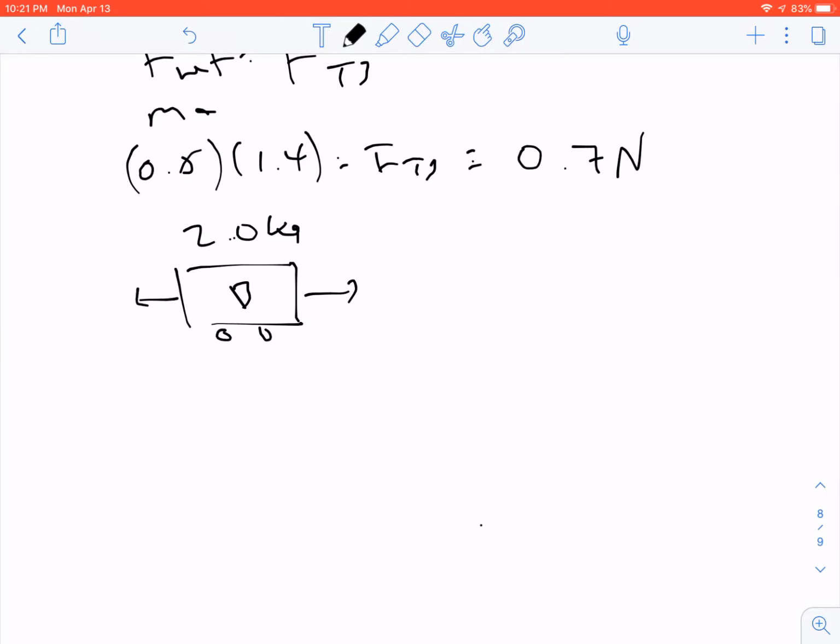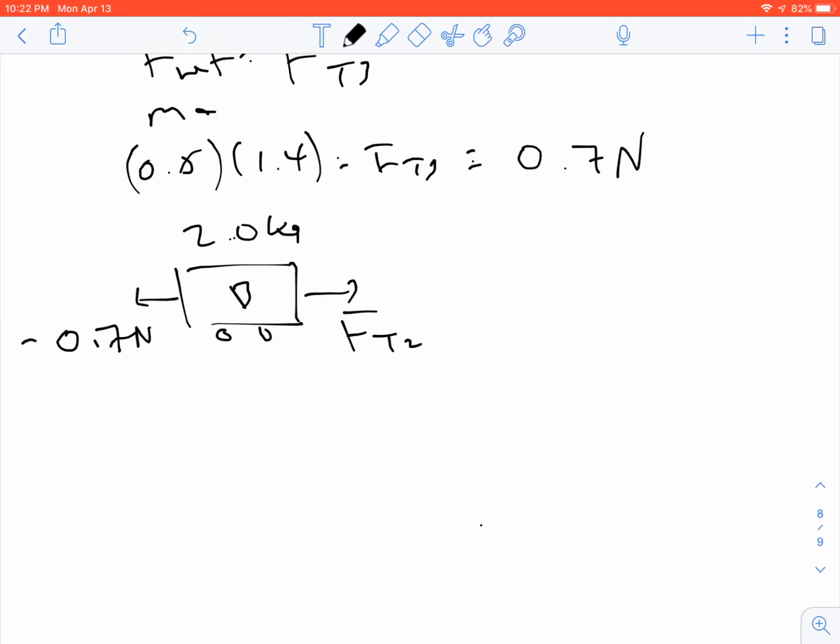And we know that the force in T3 is 0.7 newtons, and in this case it's a negative 0.7. Where it was a positive 0.7 in the first cart, the force of tension is in the opposite direction for cart B. I also have a force being applied here, which is T1, string 1.